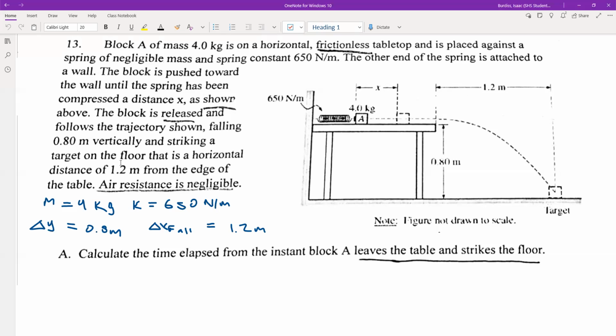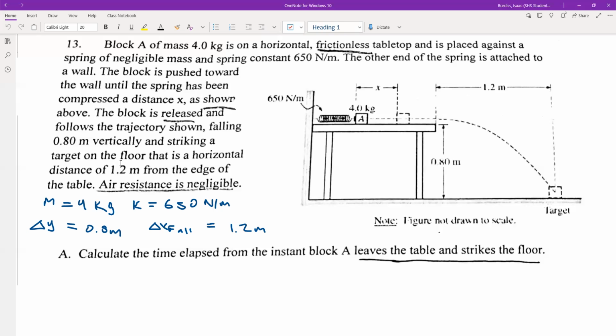Now, first it says calculate the time elapsed from the instant that it leaves the table until it strikes the floor. So you might be thinking, okay, time, how do we find time using those things? Well, time is in period, but that's not going to be helpful because that doesn't have to do with when it leaves the table.